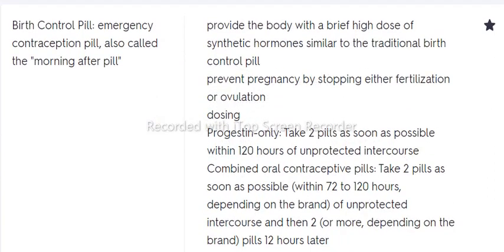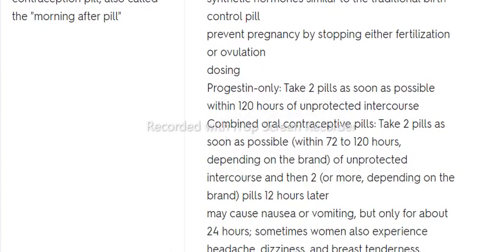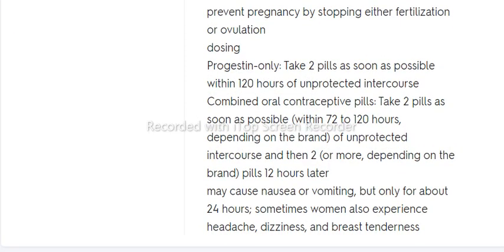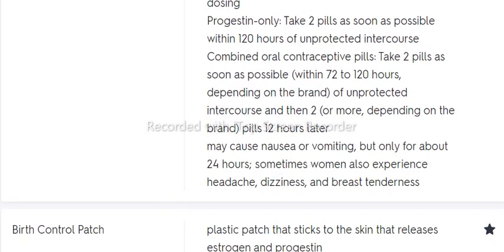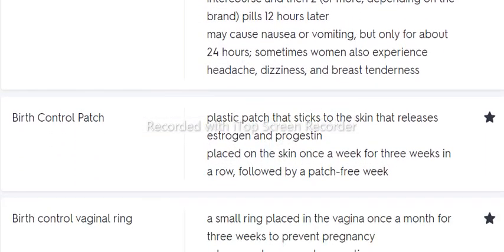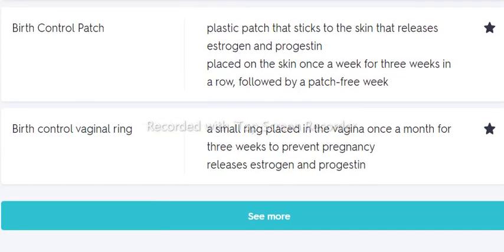Birth control pill, emergency contraception pill, also called the morning after pill. Birth control patch. Plastic patch that sticks to the skin that releases estrogen and progestin, placed on the skin once a week for 3 weeks in a row, followed by a patch-free week.